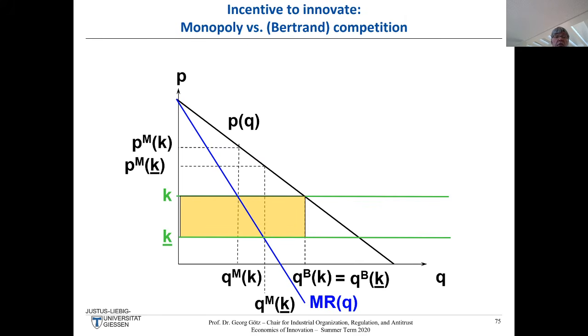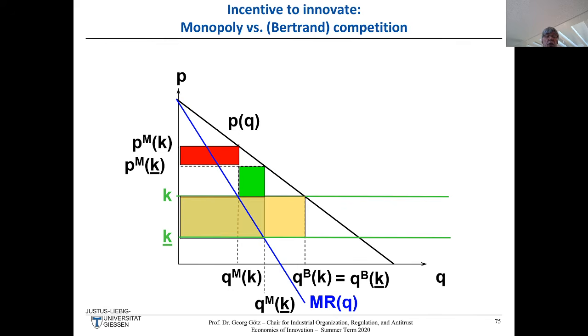Now the question was, where do we have a higher incentive to innovate? Is it under monopoly or is it under Bertrand competition? And now it should be rather clear. I now just combine these two diagrams we had. Here the gain, the willingness to pay of the firm under competition. Here these two green areas minus the red area under monopoly.